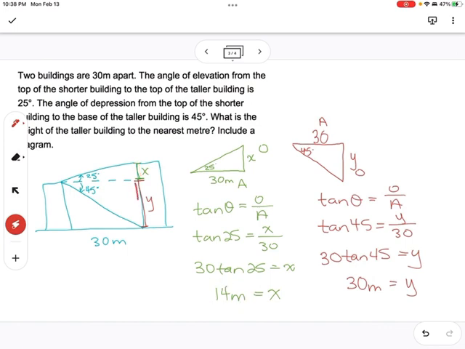We know the height of the bottom piece of the building is 30. So the total height is going to be adding those together. So our height is x plus y. Our x is 14. Our y is 30. So our height of our building is 44 meters.